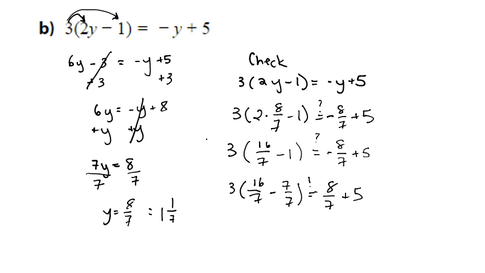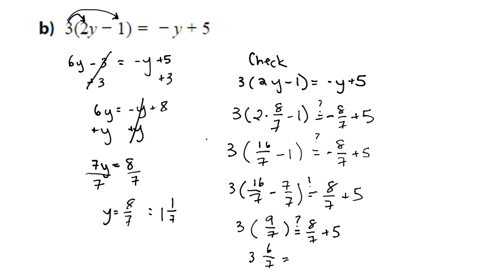Sometimes I find it easier just to do it this way. So when I do 16 minus 7, I'm going to get 9. So I'll have 3 times 9 over 7. Is that equal to negative 8 over 7 plus 5? Well, 3 times 9 over 7 is going to give me 3 and 6 sevenths.